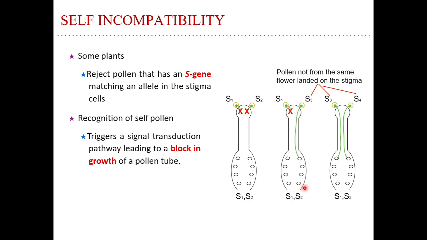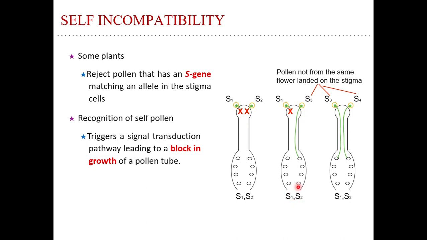However, as shown in the middle figure, pollen with S1 cannot form a pollen tube, but pollen with the S3 gene can form a pollen tube because it is not similar to S1 and S2.